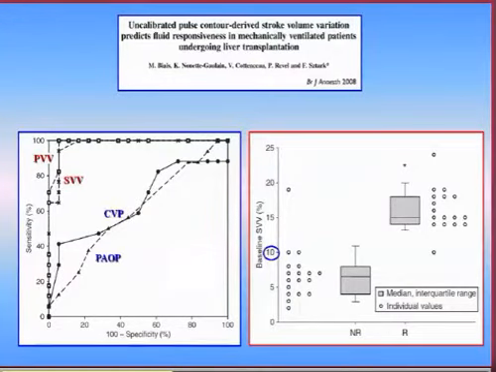Some other devices can provide similar results. For example, the study by Biais and co-workers demonstrating that SVV using the FloTrac system was able to predict fluid responsiveness in a similar way to pulse pressure variation. It was better than CVP and PAOP, and a threshold value of 10% was found.